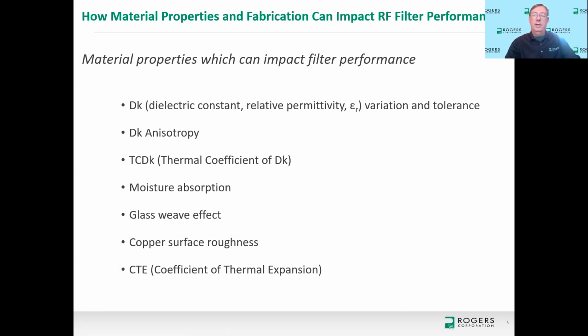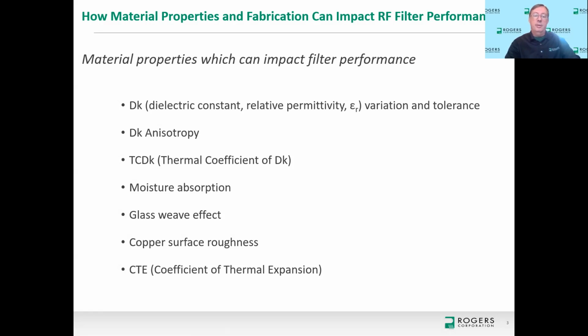So keeping that in mind is important for an application of filters working in an environment that is varying with humidity. Normally a moisture absorption property of 0.3% or less is considered good. In some applications that are very aggressive for varying humidity, then 0.1% or better would probably be desired, even though that's extremely difficult for a lot of materials.